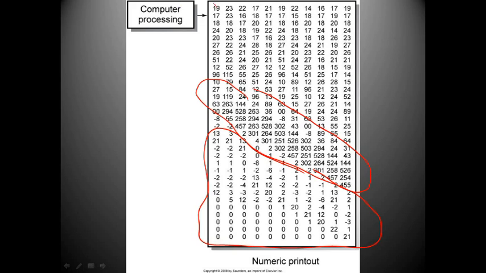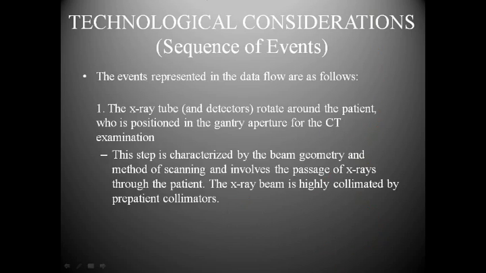Then we have some that are just in the middle here. And so it would be very difficult to discern what you're actually looking at here. That's why the computer has to process these numbers and really differentiate them for us.